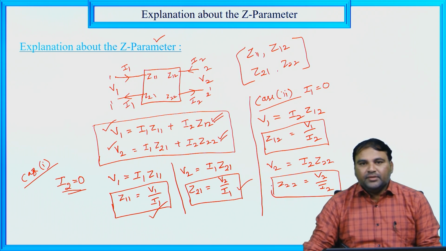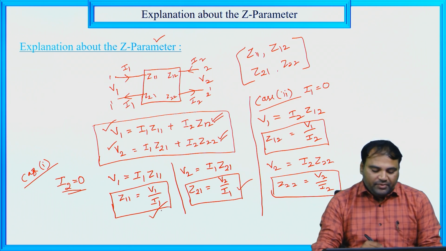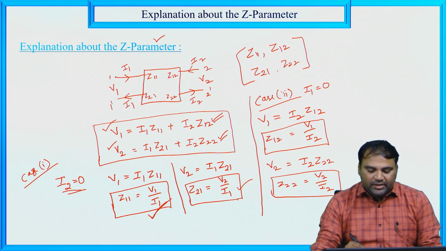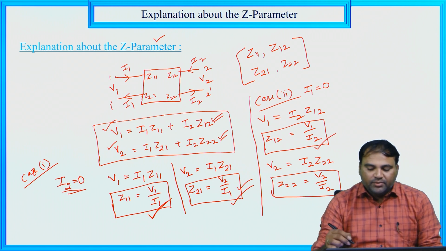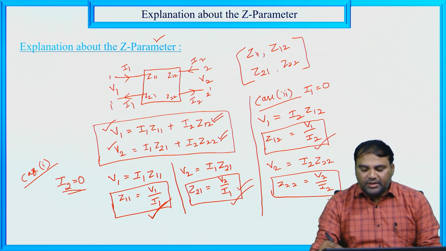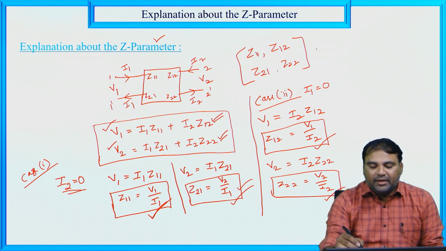Here are the 4 parameters. Z11 equal to V1 divided by I1, Z21 equal to V2 by I1, Z12 equal to V1 by I2, Z22 equal to V2 by I2. Now these all 4 equations we have to write in a matrix form.